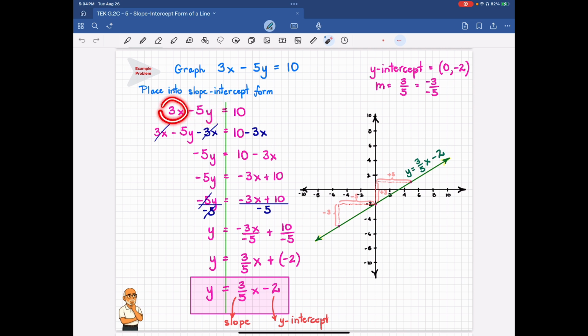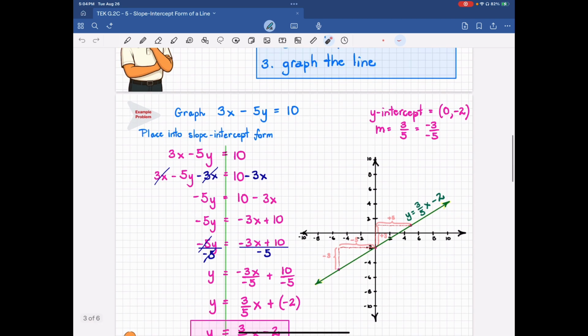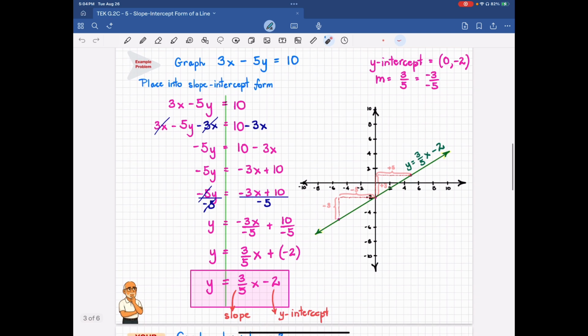I need to move this 3x over here to get the negative 5y all by its lonesome. So in order to move the 3x, I need to subtract it from both sides. You notice that my next step right here is to subtract 3x from the left, and if I subtract it from the left, I have to subtract it from the right.